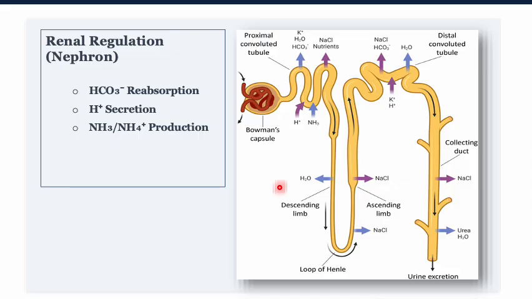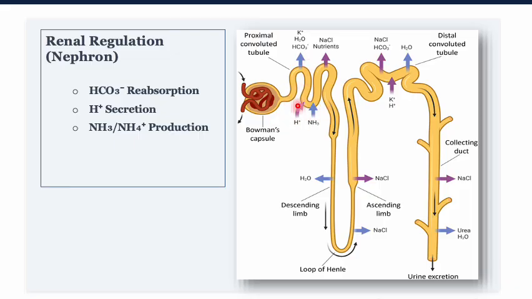So what this actually shows, in your proximal convoluted tubules, you will have the reabsorption of bicarbonate. So this is your extracellular space. The bicarbonate is reabsorbed, taken out, but hydrogen is actually secreted within the tubules.